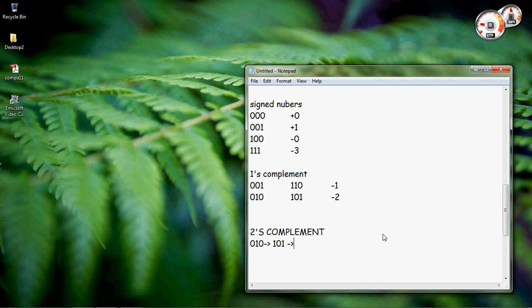So 101 plus 1: 1 plus 1 is 0, carry 1, and so on, giving 110. This is the value of the 2's complement. So if 010 represents the value 2, then 110 will represent -2.